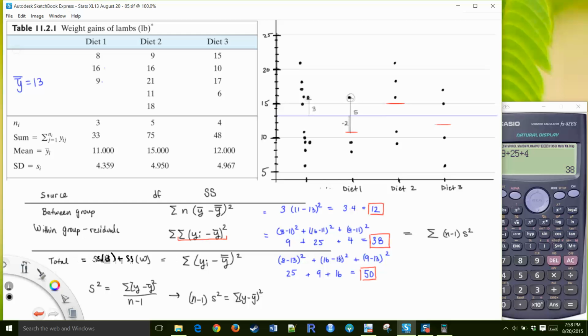And so now the question is, when we break it out into two pieces, is there enough going to the between group to say that the between group variation is significant? That's what we want to know. Or is it pretty much that all the variance we observe is just because of individual differences?